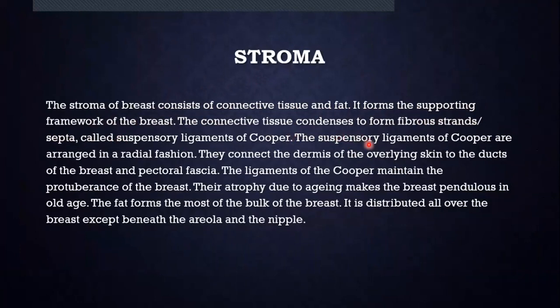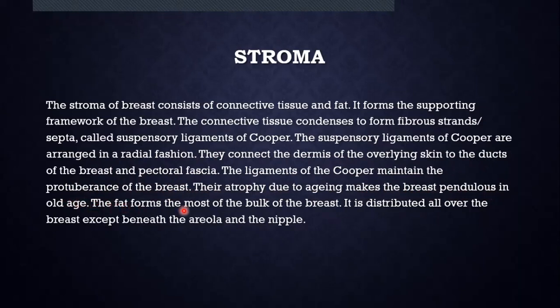Okay, now the suspensory ligaments of Cooper are arranged in a radial fashion, such that they connect the dermis of the overlying skin to the ducts of the breast and to the pectoral fascia. Now, these ligaments of Cooper usually maintain the protuberance of the breast, but they usually atrophy due to aging, which makes the breast pendulous in old age.